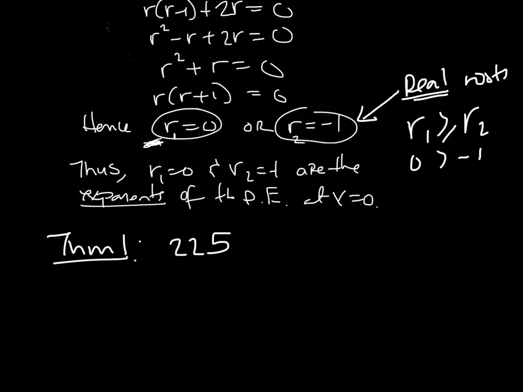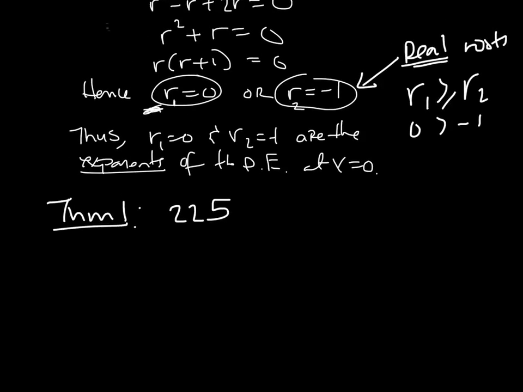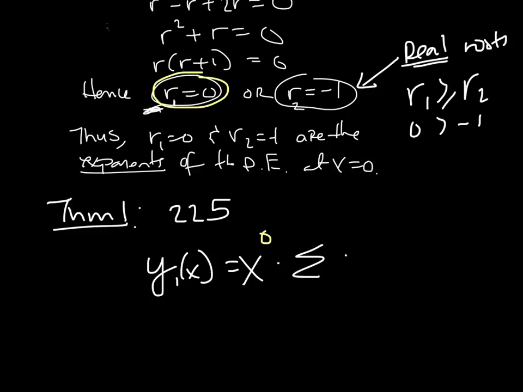We have our indicial equation, so that tells us that there's a special series solution written as follows. We have y1 of x equals x to the r1. Our r1, in yellow, is 0, times our series here.